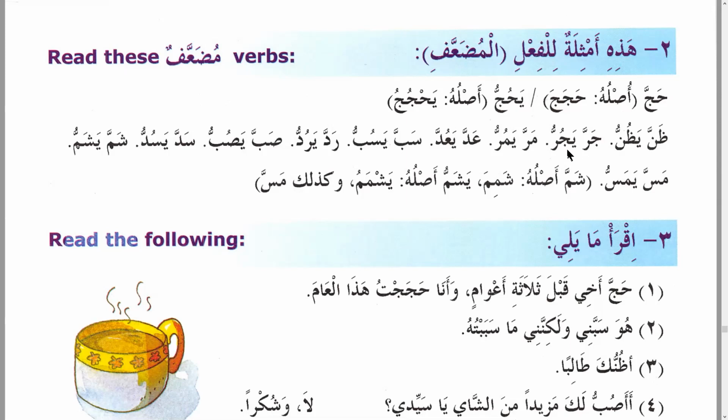جرى يجر, same thing, to pull. مر يمر, to pass. عد يعد, to count. Right? These are all. Sabba yasubbu, to curse. Sabba لا تسبوا أصحابي. It comes in the Quran also, right? فيسب الله بغير علم. لا تسبوا, don't curse their gods.